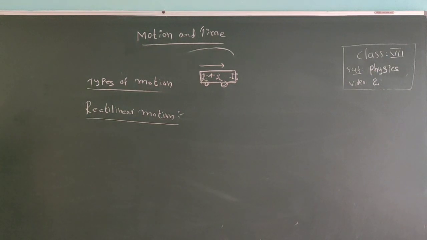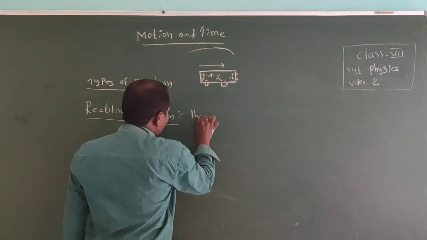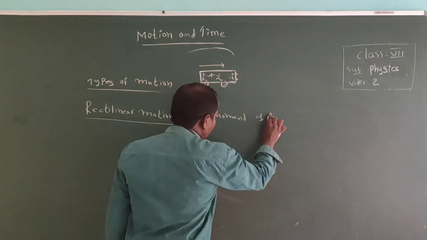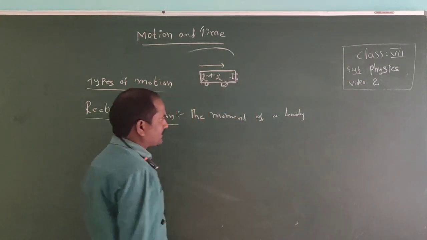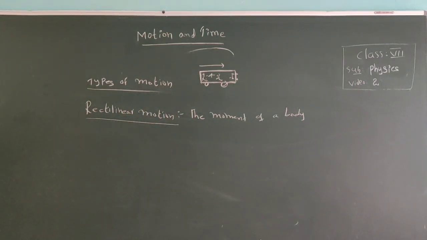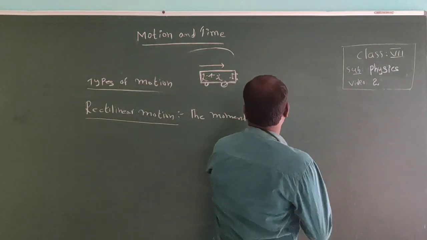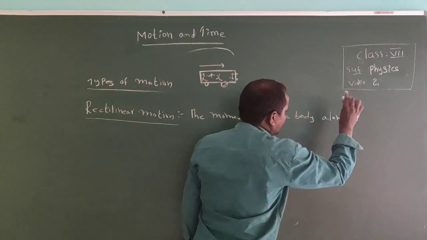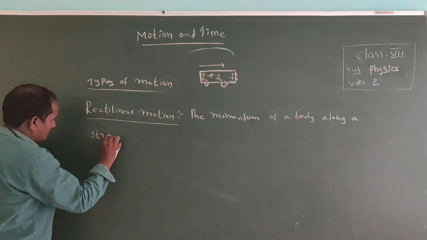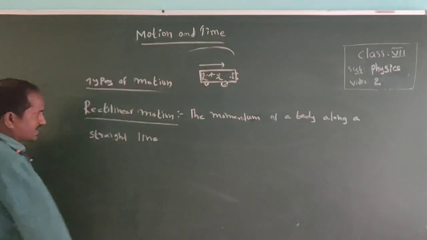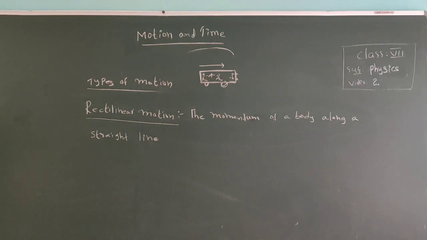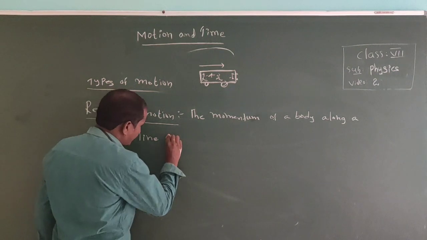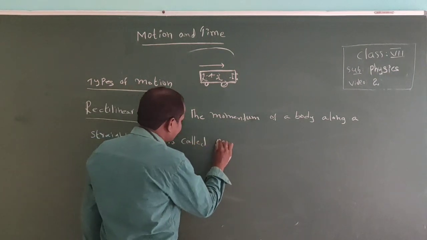If a body moves, the movement of a body along a straight line is called a rectilinear motion.